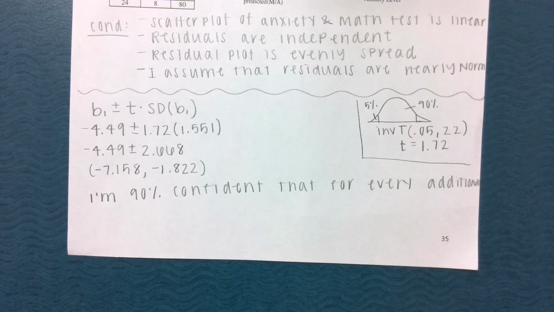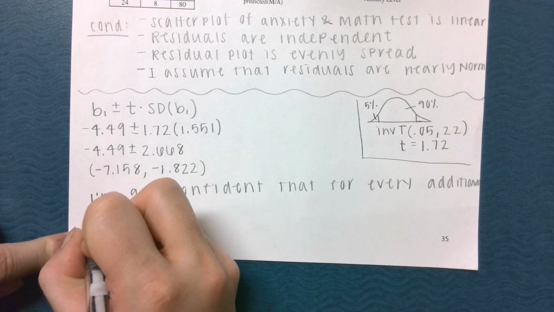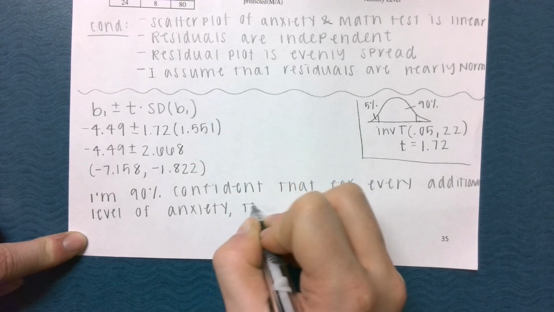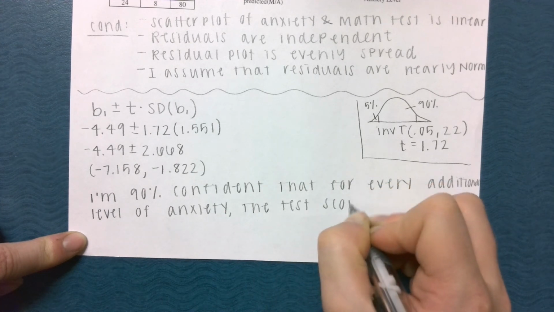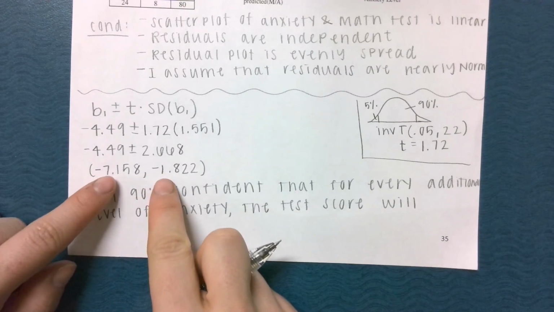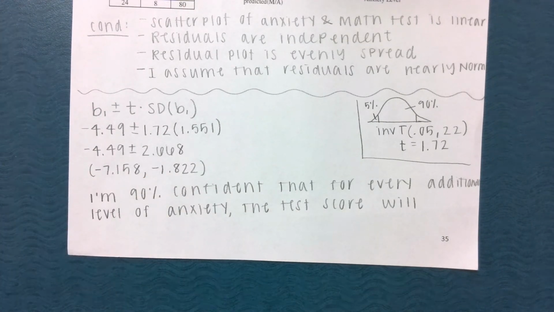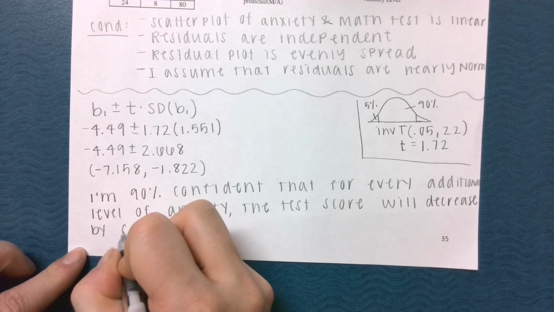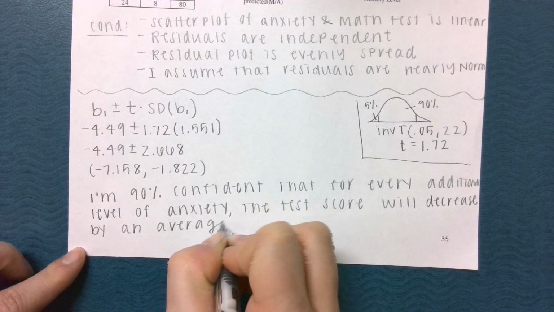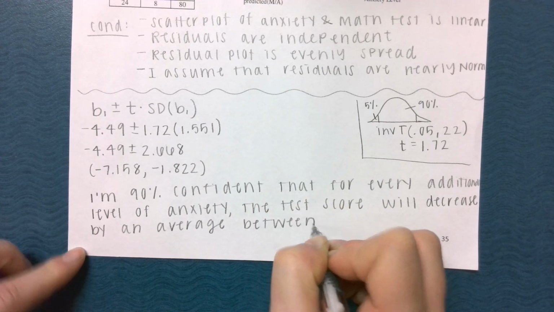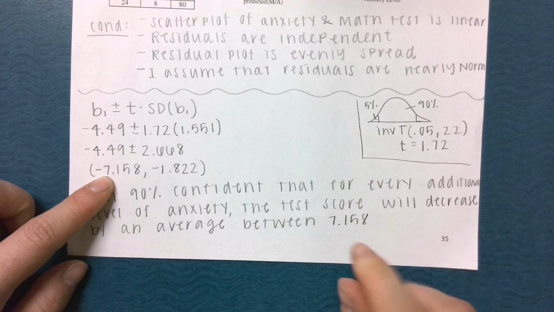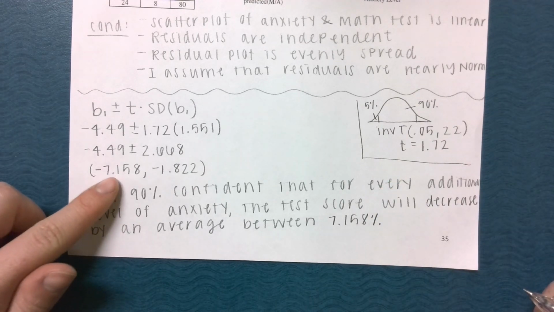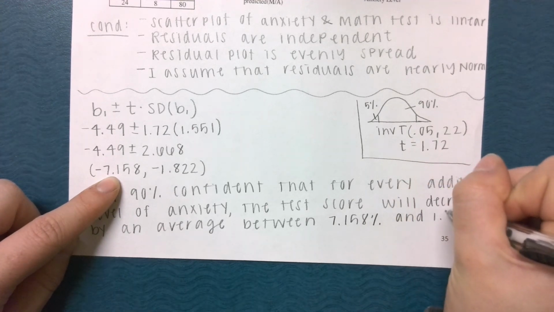x value, which my x in this case was my anxiety level, so I'm going to say that for every additional level of anxiety, the test score will, these are both negatives, this one's a little bit easier, so I'm going to say that the test score will decrease by an average between 7.158, and this is a measure of the test score, so I'm assuming that that's in a percent, so it's going to decrease by an average between the 7% and 1.822%.